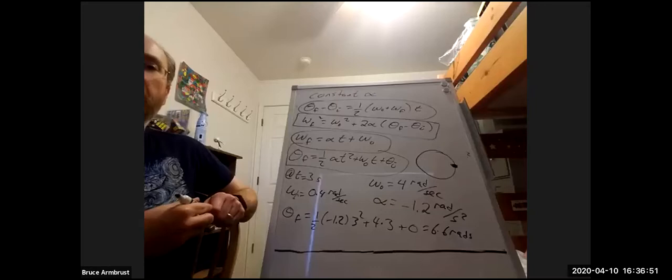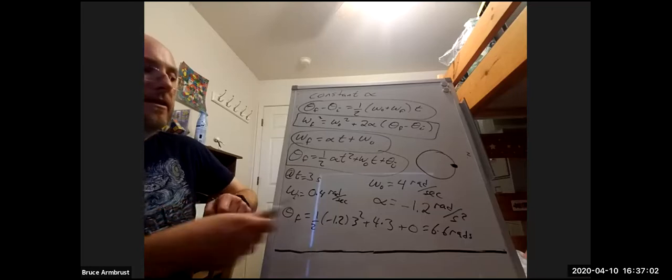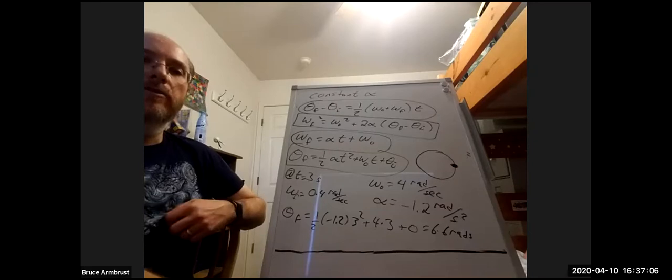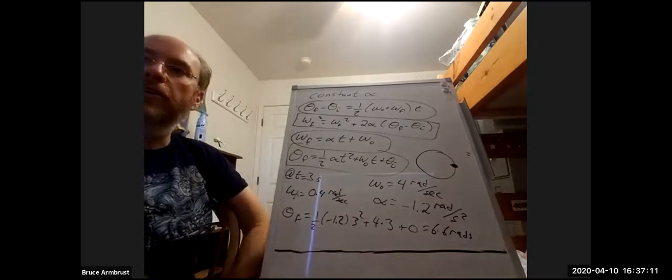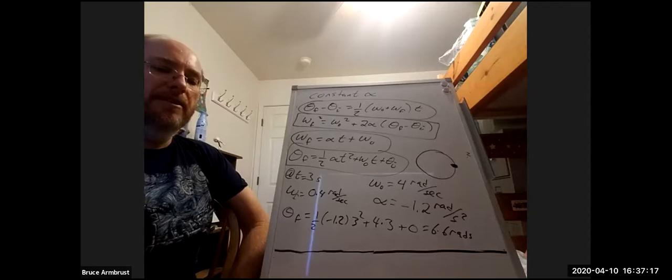It's in the first quadrant. It's done just a little more than 1 rotation, because 1 rotation is 2 pi. 2 pi is 6.28. So this is a little bit more than that. It's an extra 0.3 radians. 1 radian, just ballpark, is around 57 degrees. So 0.3 of that is going to be on the order of 18 degrees or something like that.